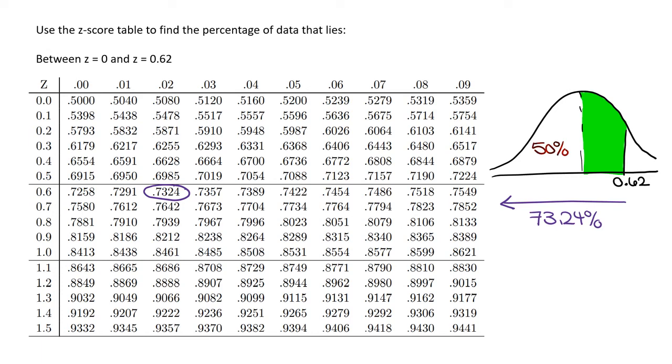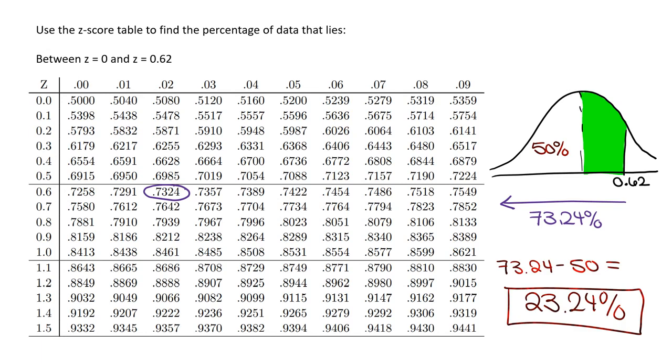But the region below the mean is 50% of the data. So if I want to know what percentage of the data is that region in green, well, I could just take 73.24 and subtract 50, and I get 23.24%. So once again, drawing a picture here, creating a visualization, I think is a really good idea. I think it can help you see what to do. What number are you subtracting?